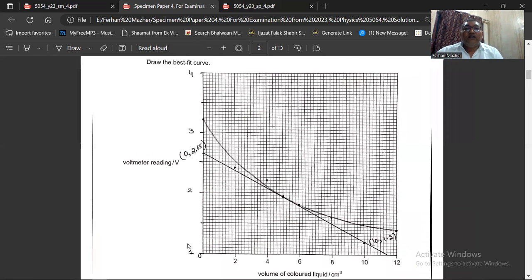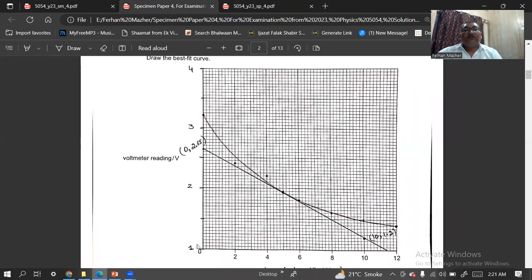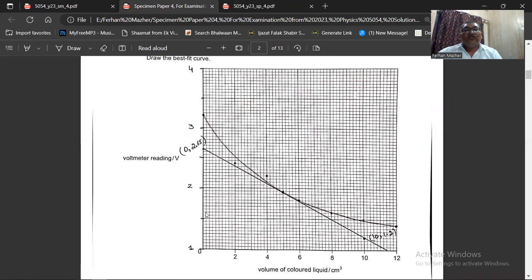I've started with 1 because my least value is 1.4. So it's 1 here, 2 here, 3 here, and 4 here. Two small squares on the y-axis represent 0.1. Now we will enter the values.